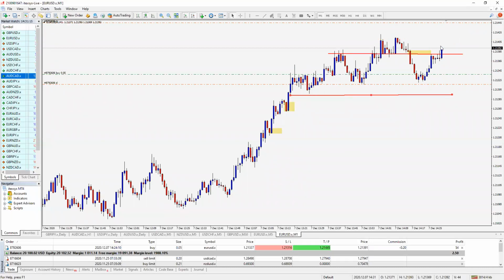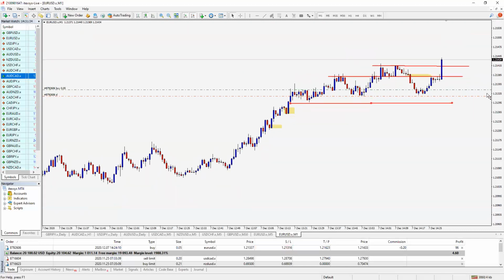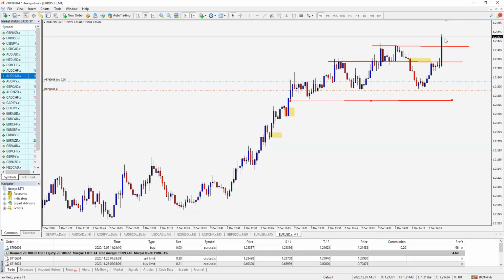Now it's breaking supply. Let's mark the last resistance now. This might form a double top, correct? And it might reverse. And in case it breaks, okay, now it's breaking. I want to see the continuation of that movement.